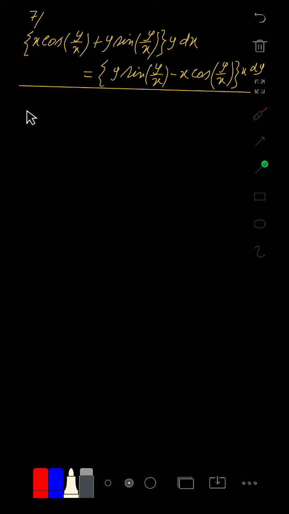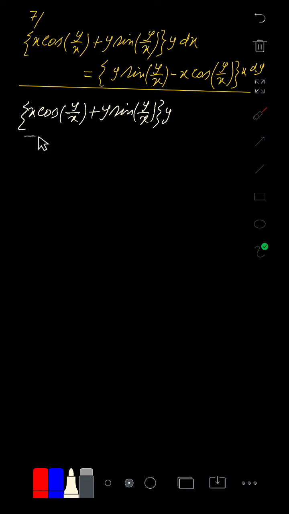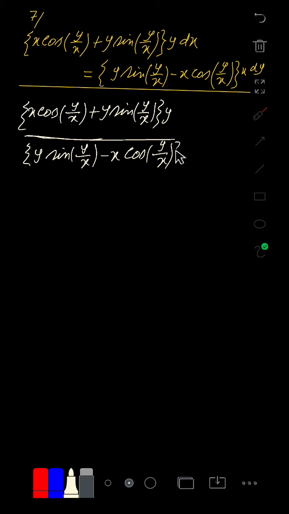So we have curly bracket x cos y upon x plus y sin y upon x bracket close y divided by curly bracket y sin y upon x minus x cos y upon x curly bracket close x is equal to dy upon dx, which may also be written as dy upon dx is equal to.